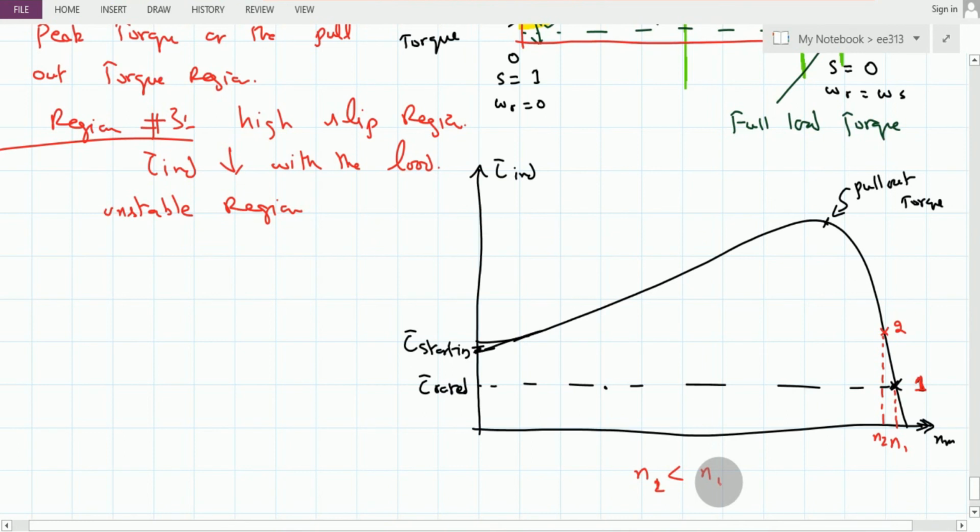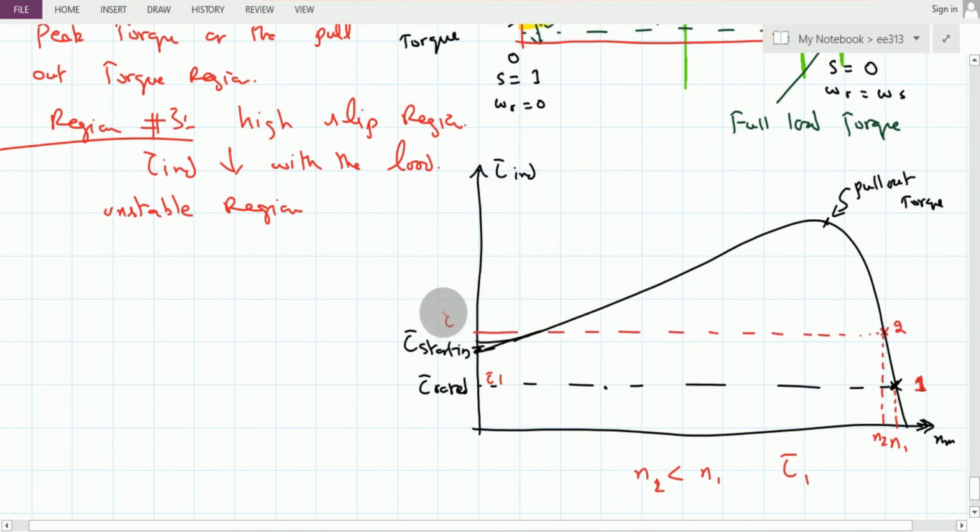So what will happen? We need to see the other side as well: the torque which was available at point number 1 is now less than the torque at point number 2. So the motor was operating at point number 1 with the speed N1 and the torque T1, and it then moves to point number 2.